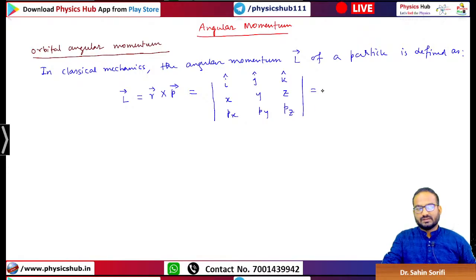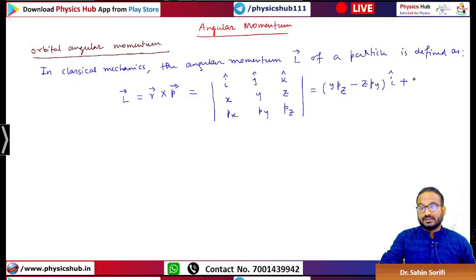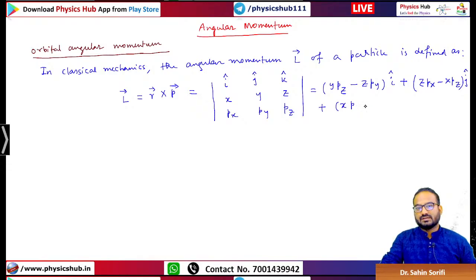This can be written as (y pz minus z py) i cap plus j cap times (x pz minus z px), but we have taken a plus, so you have to add a minus, so this becomes (z px minus x pz) j cap, plus (x py minus y px) k cap.